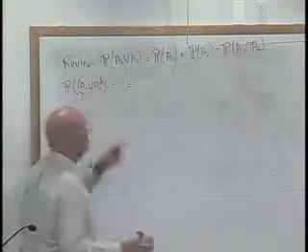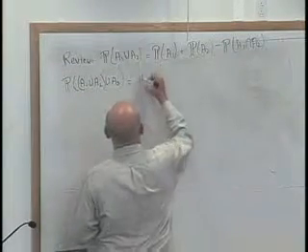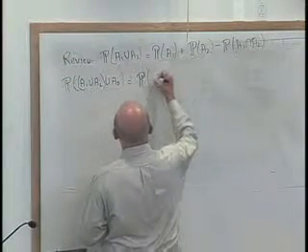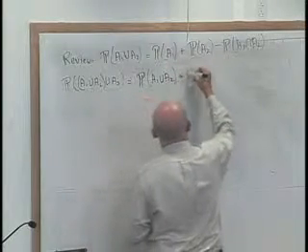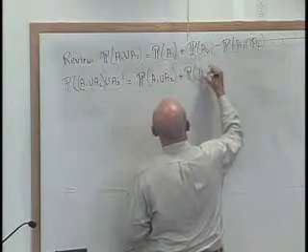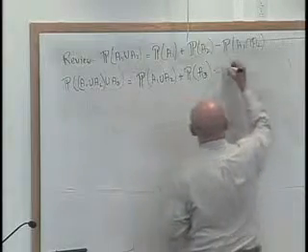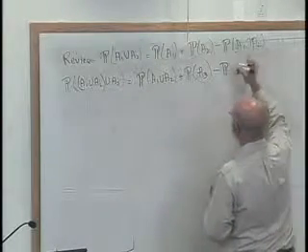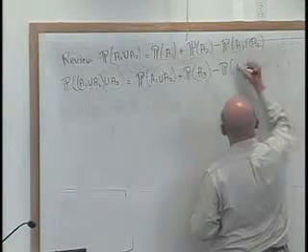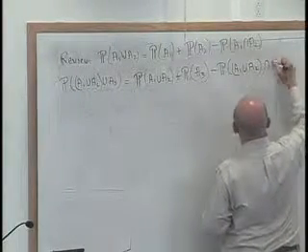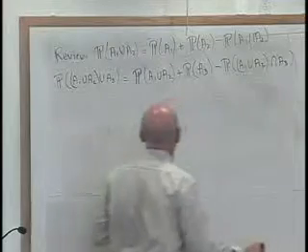And now I've got the union of 2 events, don't I? I have the probability of A1 union A2 plus the probability of A3 minus the probability of A1 union A2 intersect A3.